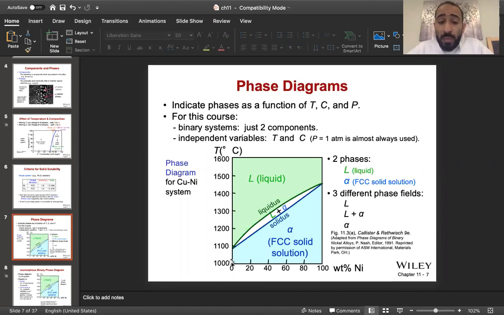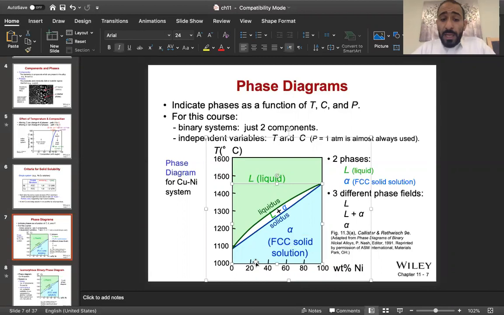So for example, at 1000 Celsius and 20% nickel, we have a solid phase, because copper and nickel can dissolve in each other to form a single solid phase. We call it alpha. It has an FCC crystal structure. Then at 1500 Celsius and 20% nickel, how many phases do you have?